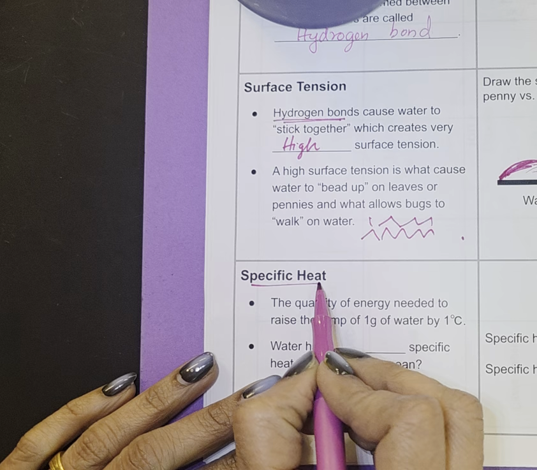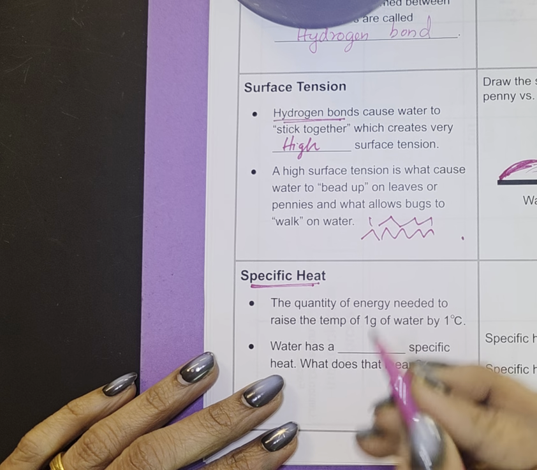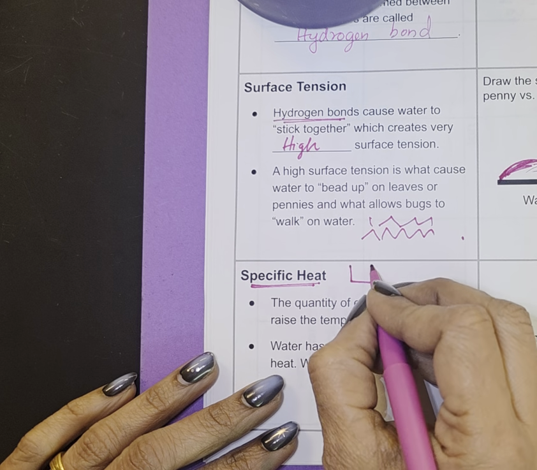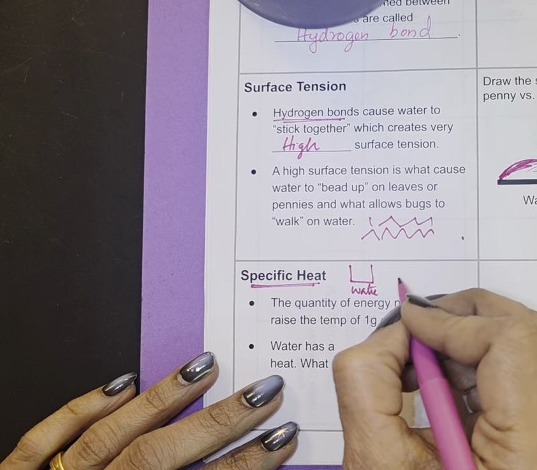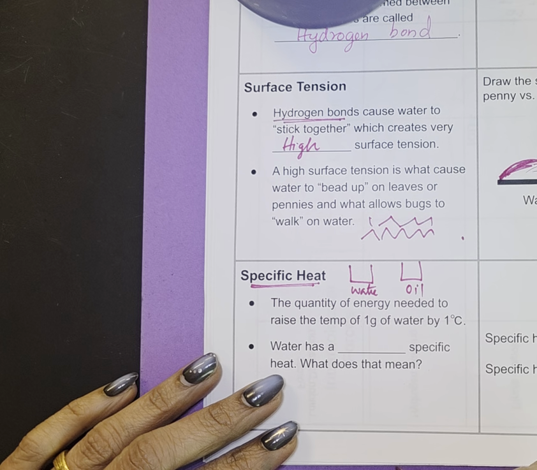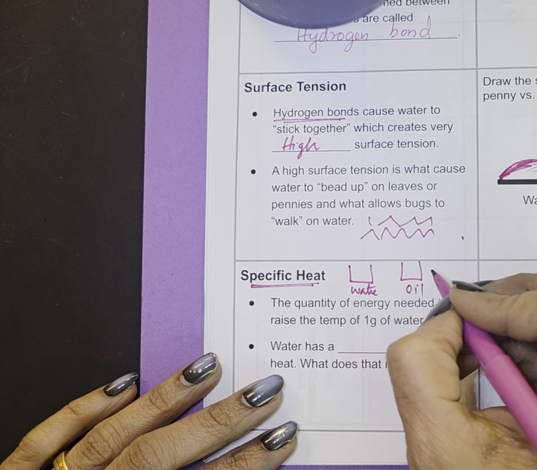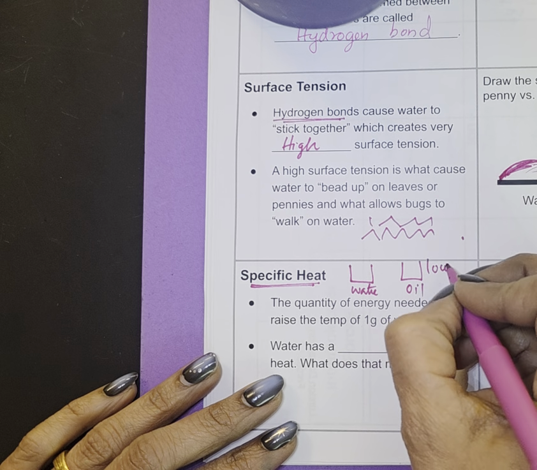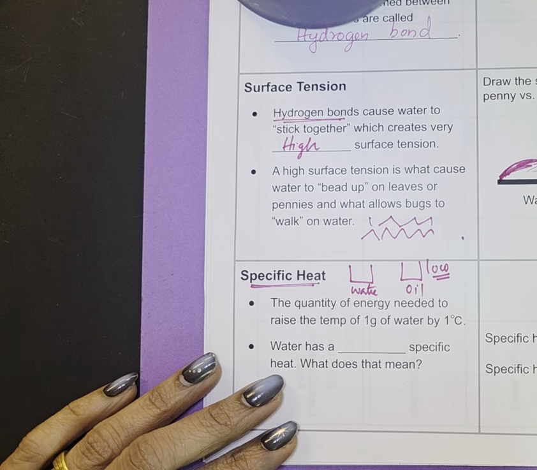Okay, next one is specific heat capacity. So if you heat water or oil, which one will change temperature faster? Oil, because oil has low specific heat capacity.